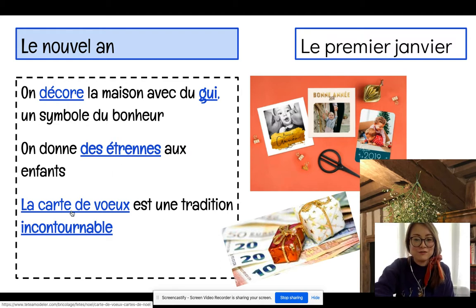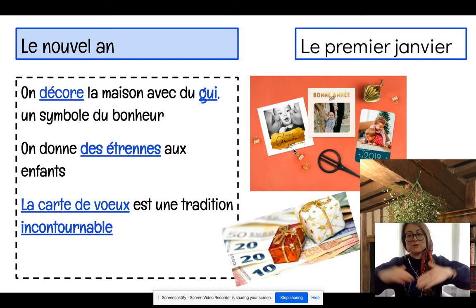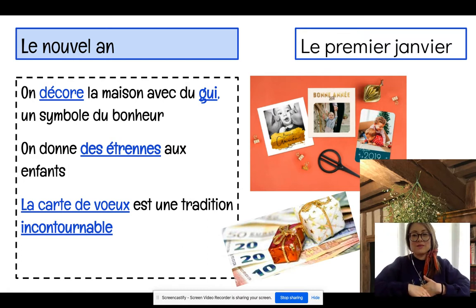La carte de vœux, ça veut dire une carte où on peut dire bonne année, Happy New Year. Une carte de vœux, ça veut dire a greeting card. Et ça, c'est une tradition en France, même aux États-Unis.